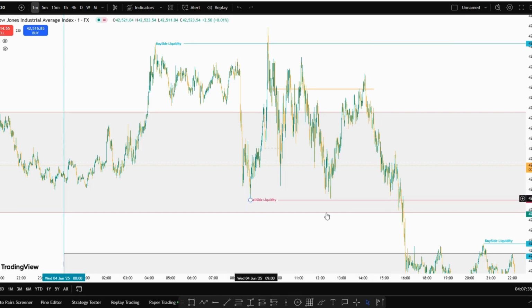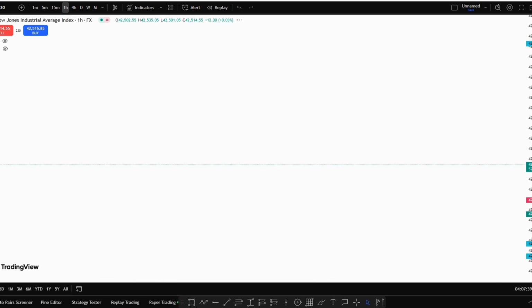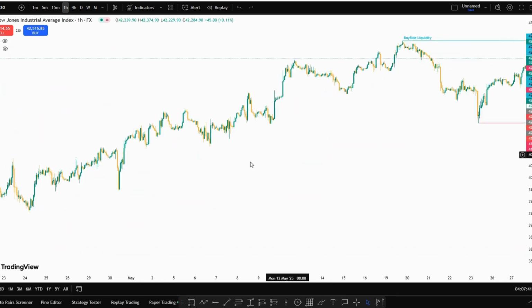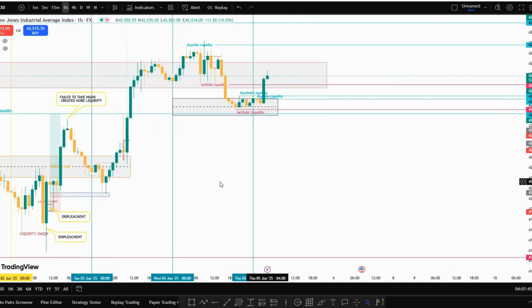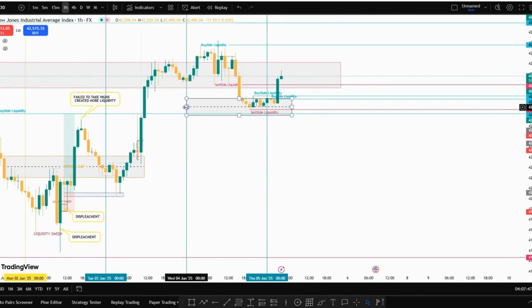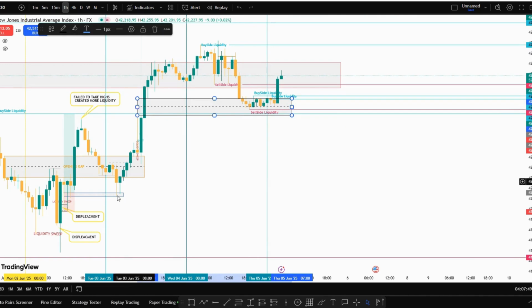So price then swept the liquidity, right? And now we go back onto our 1 hour time frame to look at where price could make that draw into. Those fair value gaps, if you look at price, there's no fair value gaps in this price. All these prices were tested, which got our entries, and we're still looking to go to this buy side liquidity.